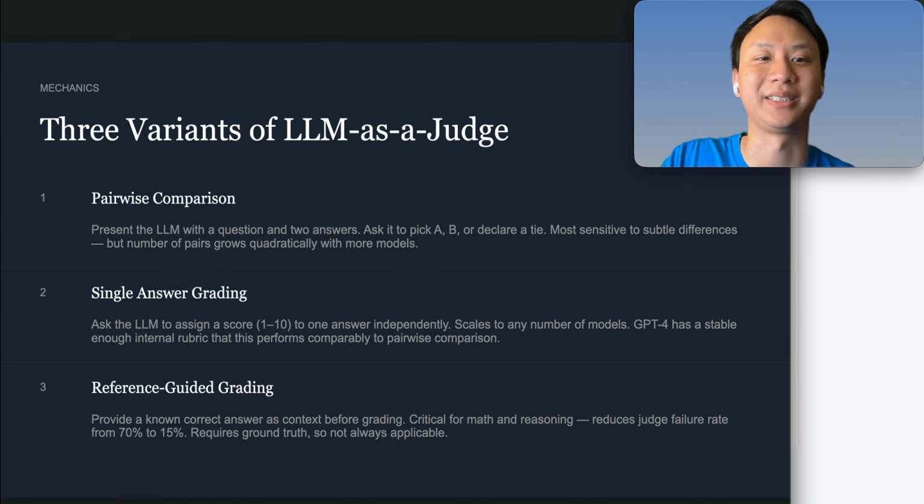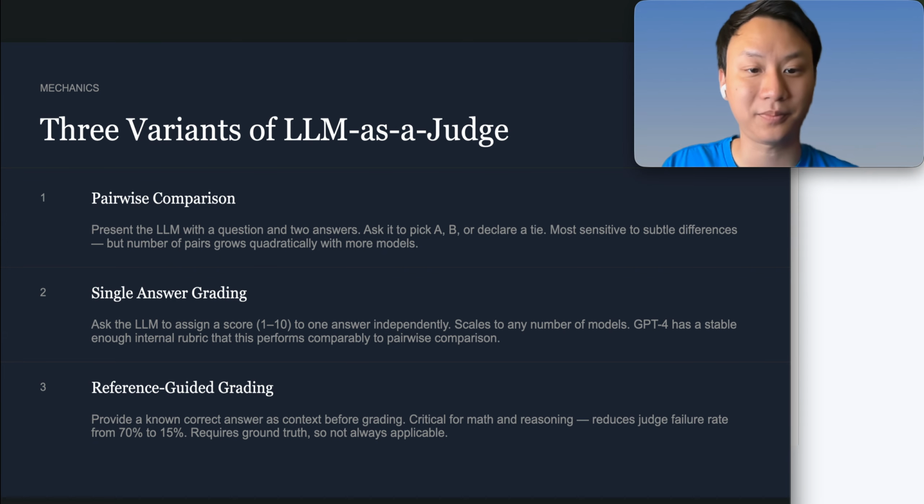Then there's asking an LLM to judge a single response, like we've been talking about before, where it just generates an answer and you ask it how good that particular answer is. And there also is reference guided grading, which we've shown through the n-gram and the mover score and the BERT score as well.